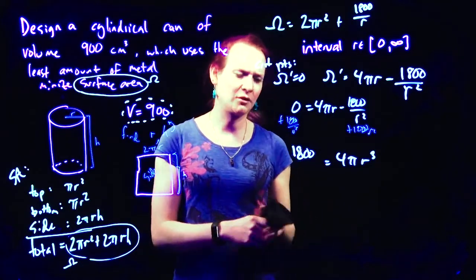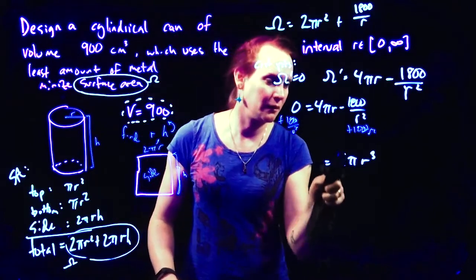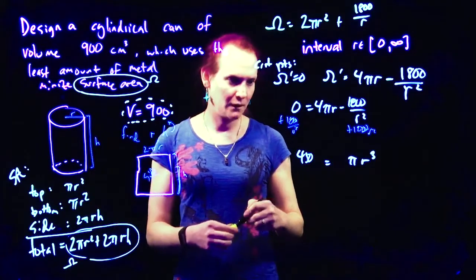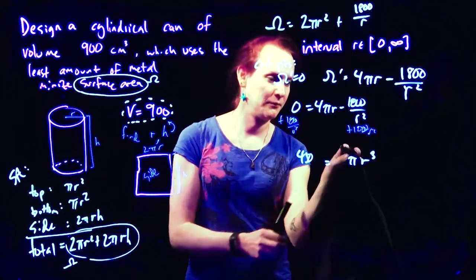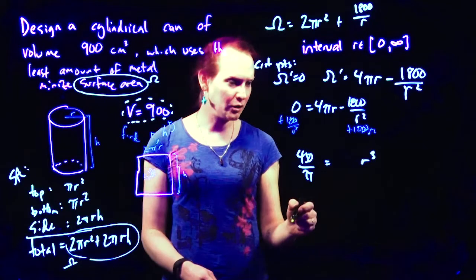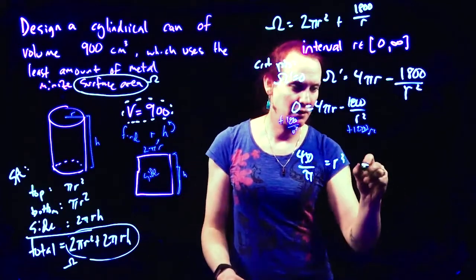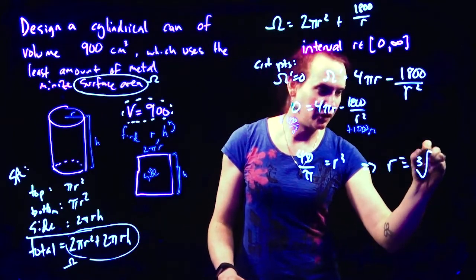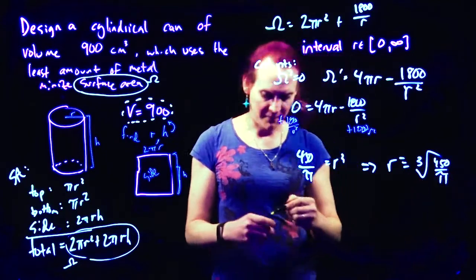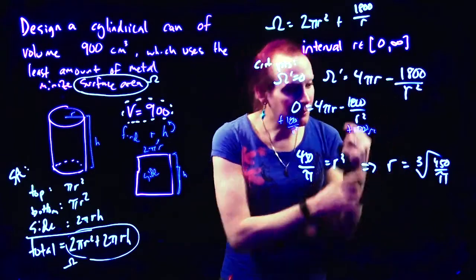And so I'm going to get 1800 divided by 4 is 900 divided by 2 is 450. And then let's divide by pi. So that's equal to r cubed, which means that r is equal to the cube root, that's a straight line, I'll fix it in a second, of 450 over pi. A little happy with my marker. There we go.